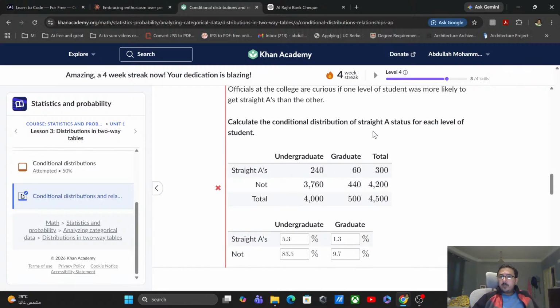Calculate the conditional distribution of straight A status for each level of students, which means this and this, only this and this.